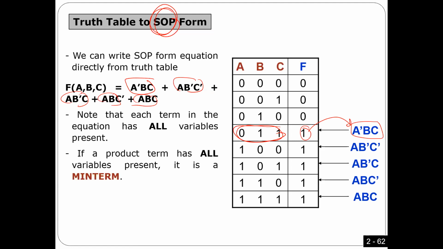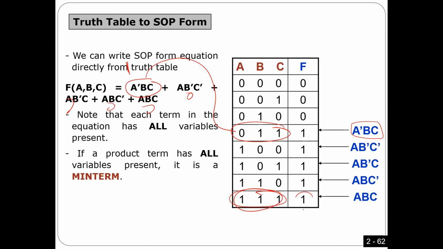So again, this is the logic behind it: this term is associated with this input. When I have this input, this term becomes 1 and the other terms become 0, and at the end I get 1, because the relation is OR, right?